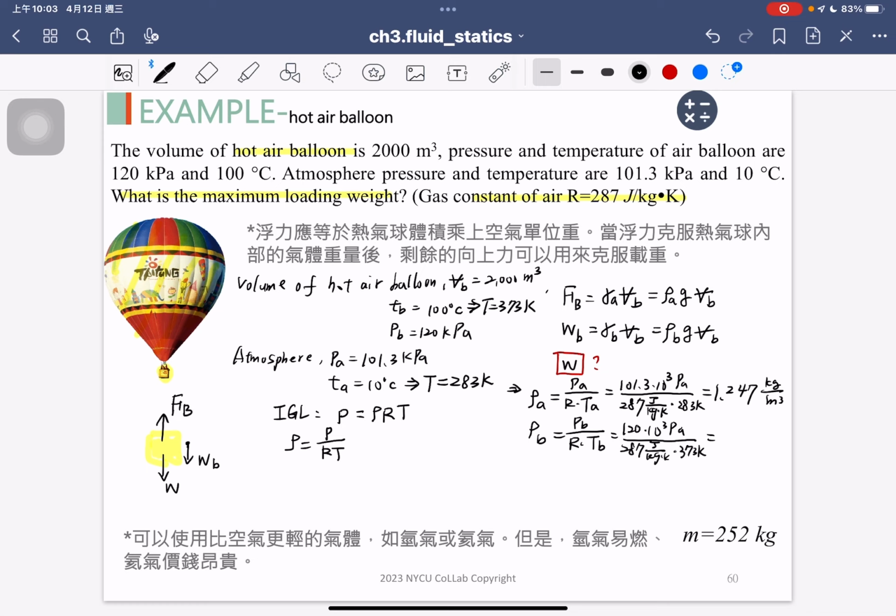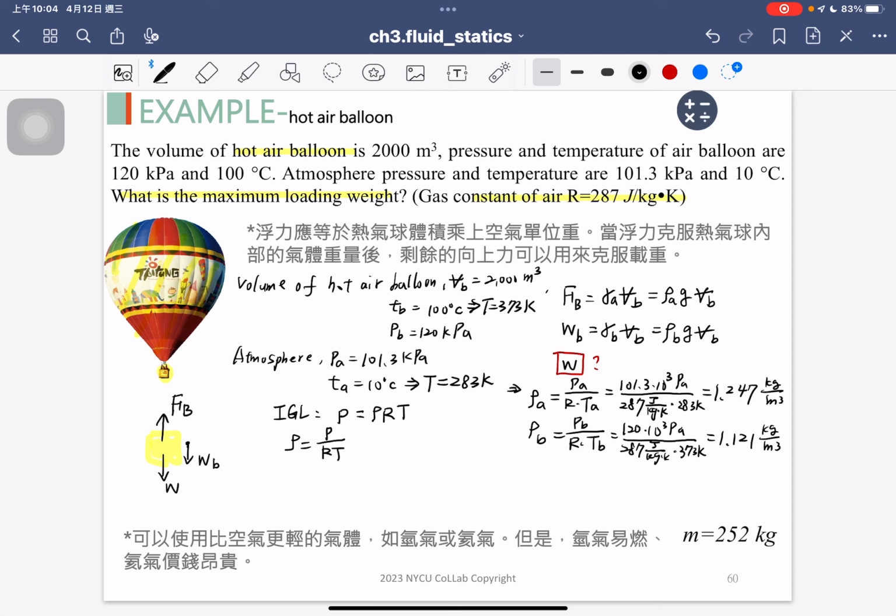And you can compute based on this. I check the number again, and it should be a little bit smaller than the air. So this is 1.12, around 1 kilogram per meter cubed.